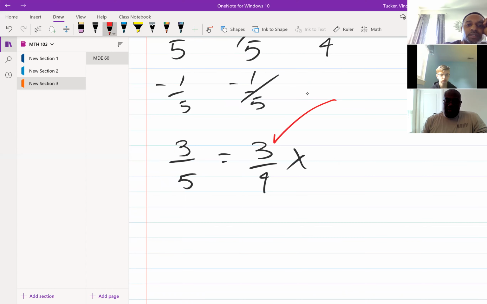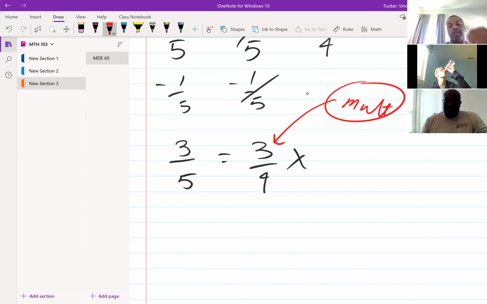Don't forget, this is multiplication, so you have to do the opposite. You're going to have to divide in order to cancel out the multiplication. Now, whenever you're dividing by a fraction, that means you're actually going to multiply by the reciprocal. Flip it. Yep. So that means you're actually multiplying both sides by 4/3.